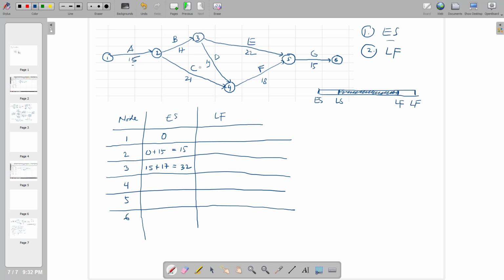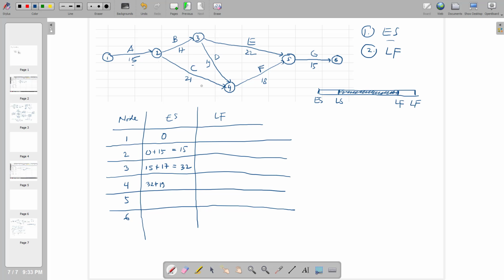And for node number 4, it comes from 32 plus 19. But eventually, for node number 4, it comes also from node number 2. So the beginning of 4 comes from 3 and from 2. So you have to choose between the two.